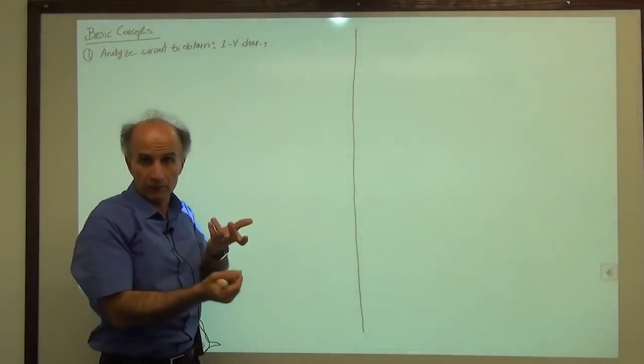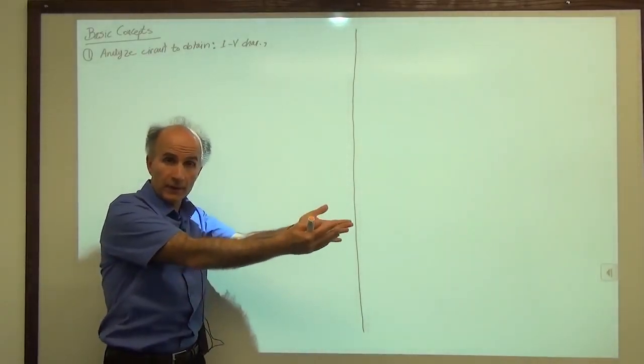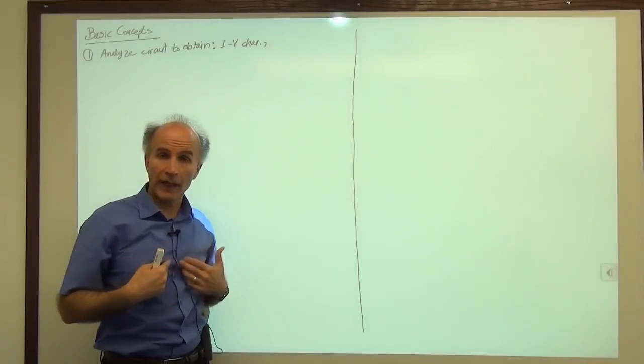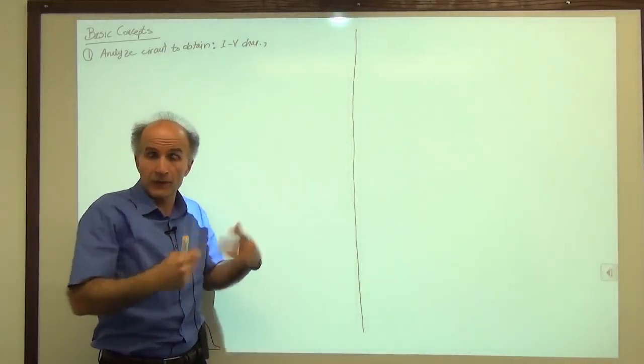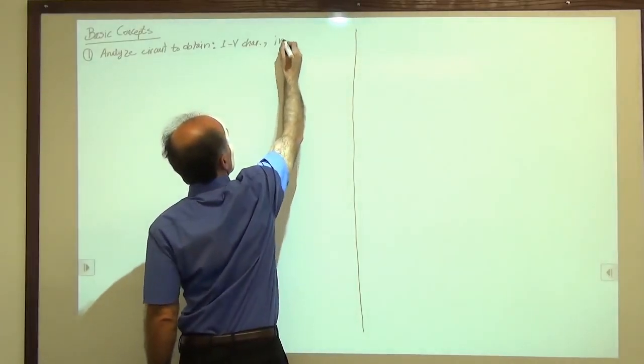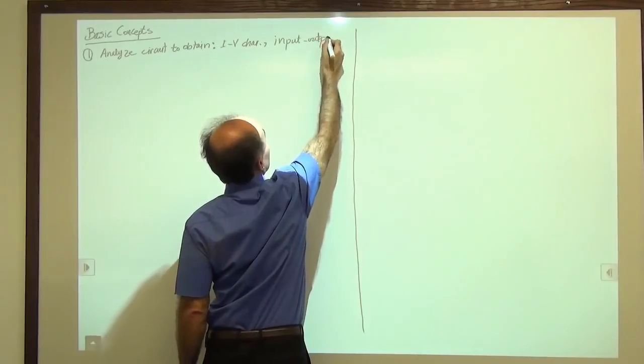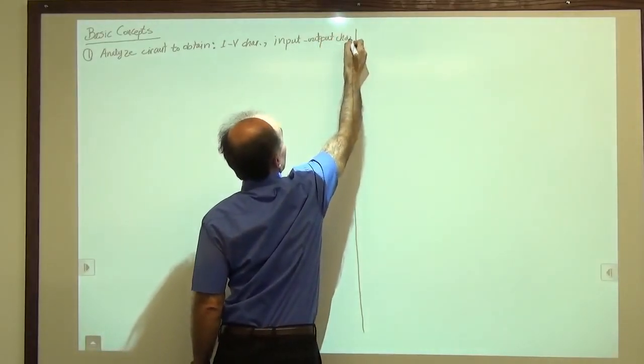So we have an input, the Vx, we vary Vx, and then there's some voltage or some current somewhere that we will call our output. Why? Well, because it's interesting to look at. So we have also input-output characteristic.